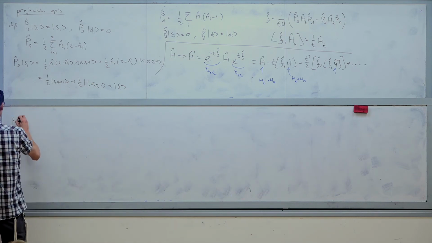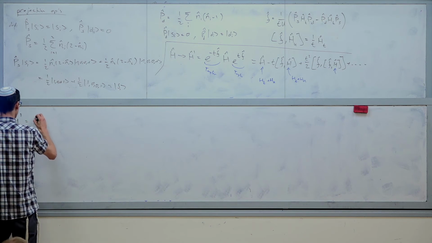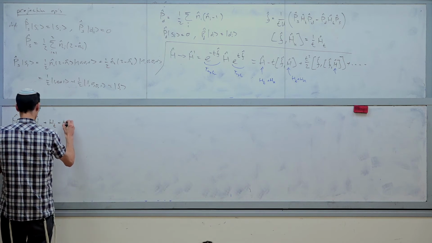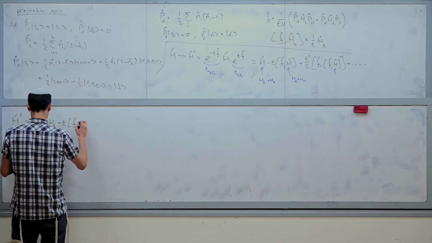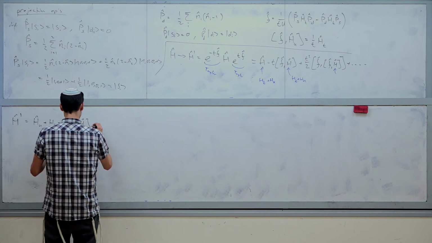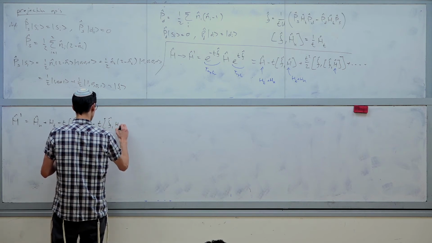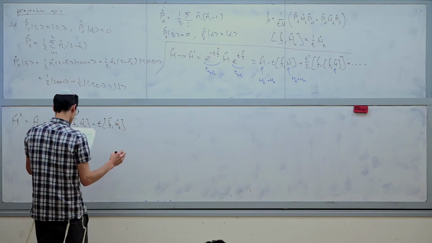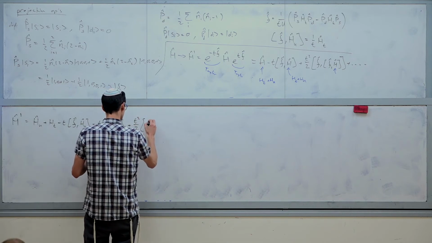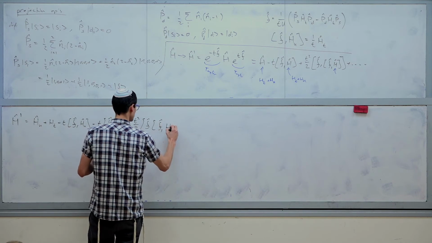So we get H prime is equal to HU plus HT, minus t times the commutator of F with HU, minus t times the commutator of F with HT, plus t squared over 2 times the commutator of F with the commutator of F and HU.